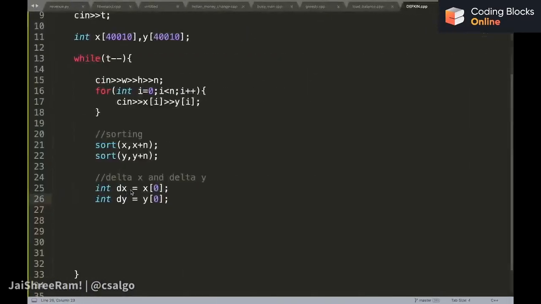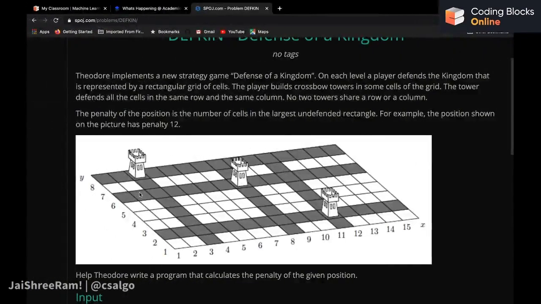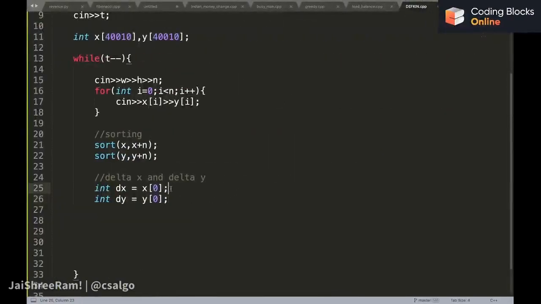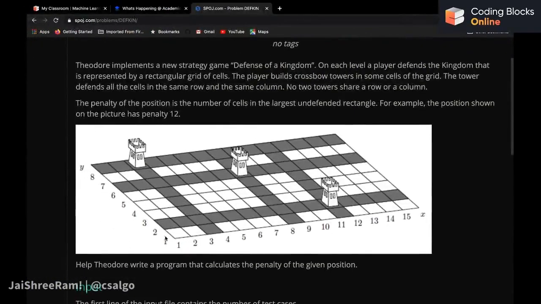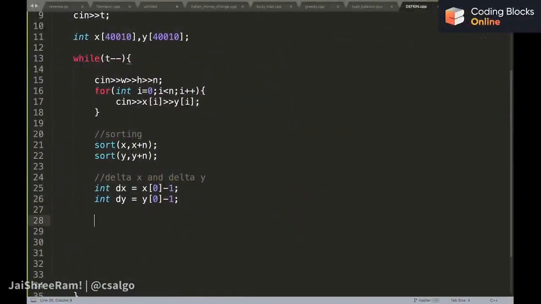Okay, so let me update it, because this coordinate is 3 and for this delta x is 2, so I just have to put it like this, minus 1, and initial dy, that is also minus 1. Okay, so this dy is minus 1 because this coordinate is 2, and for all others I will find out the difference between the consecutive towers.